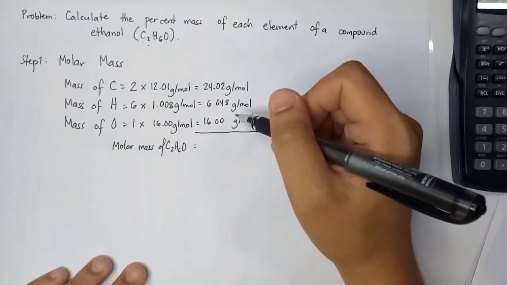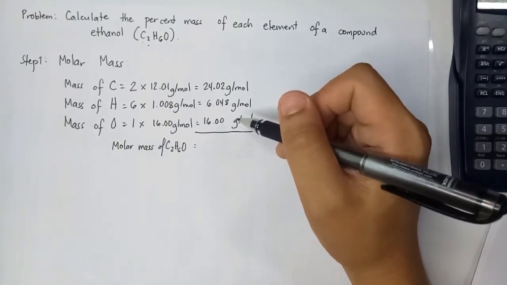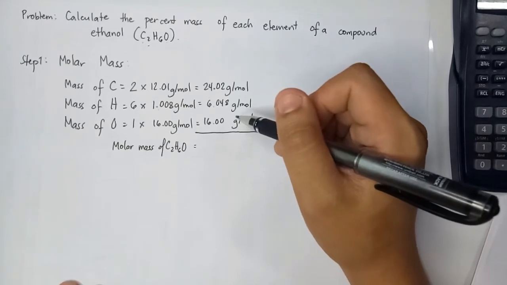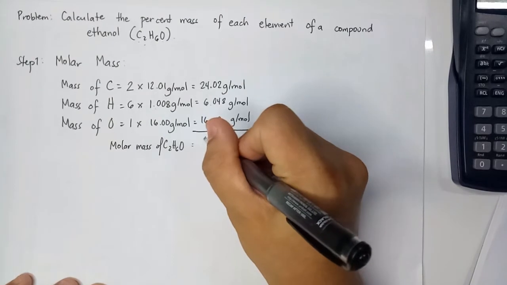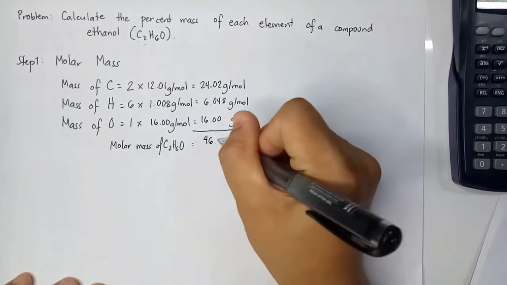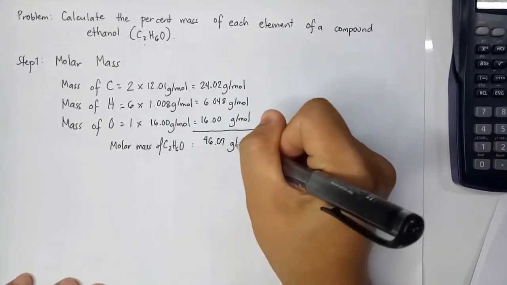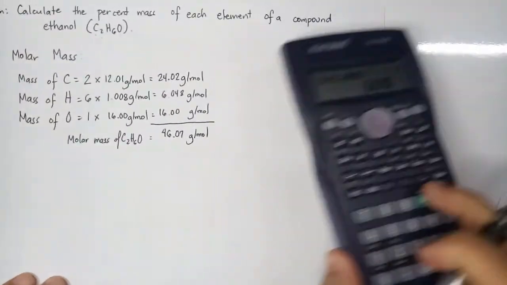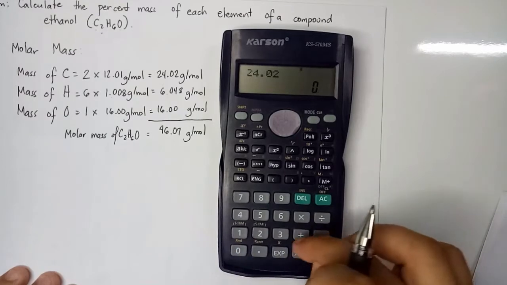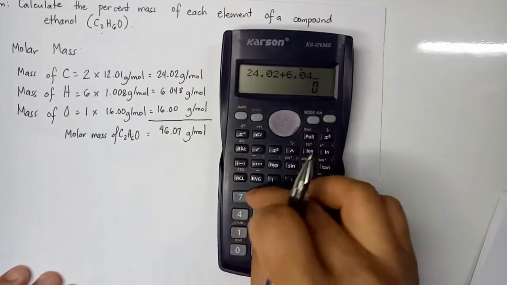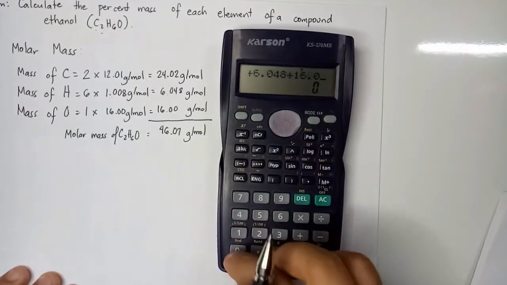As you can see, the total we have 46.07 gram per mole. So let us compute: 24.02 plus 6.048 plus 16.00.